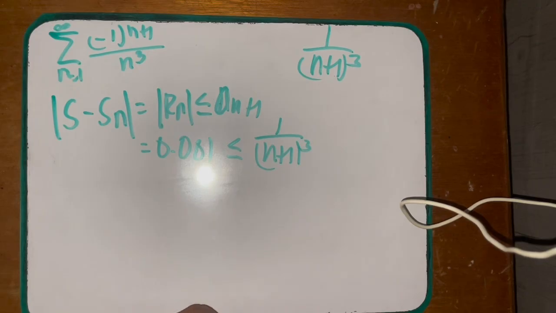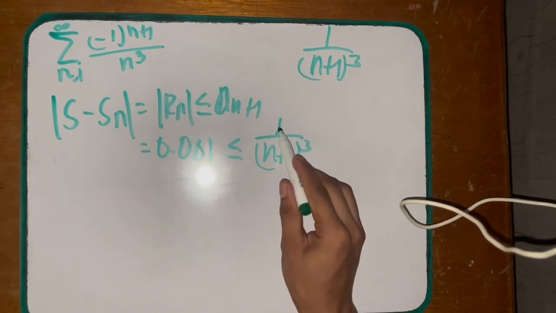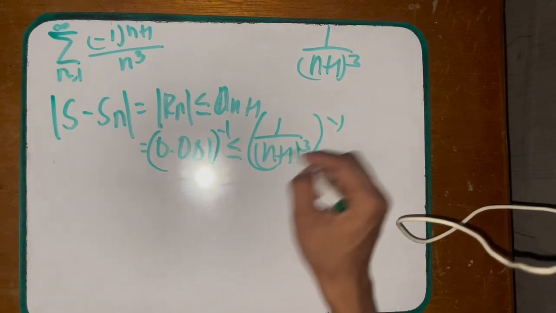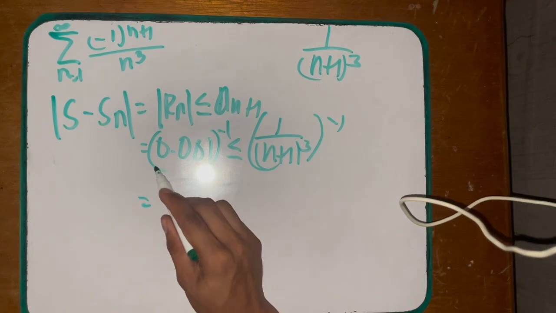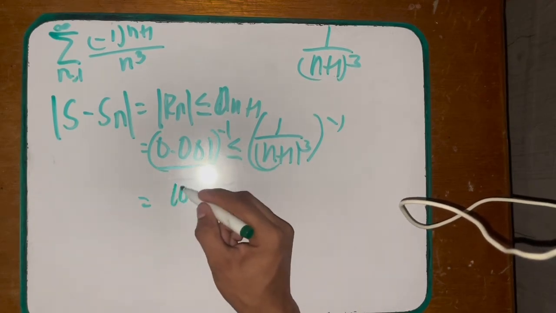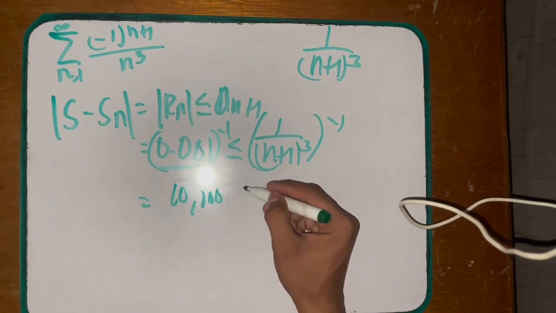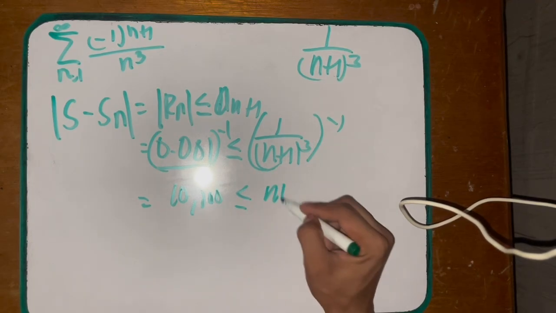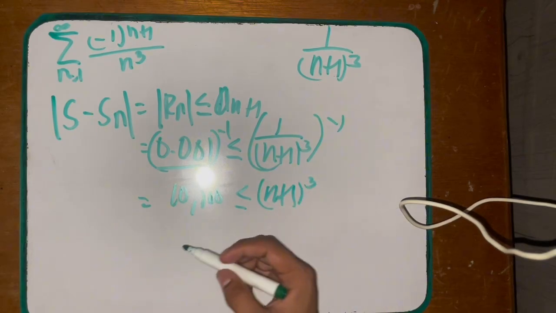So we raise both sides to the power of -1 to eliminate the numerator 1. This 0.001 raised to -1 is 10,000, and this becomes (n plus 1) cubed.